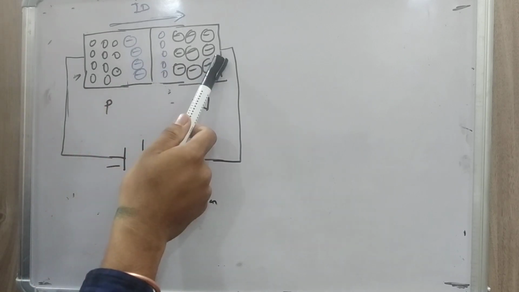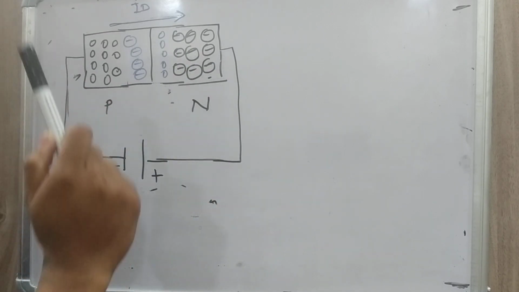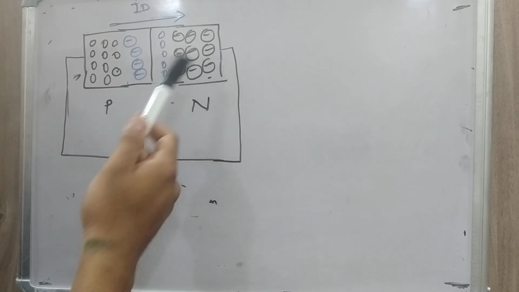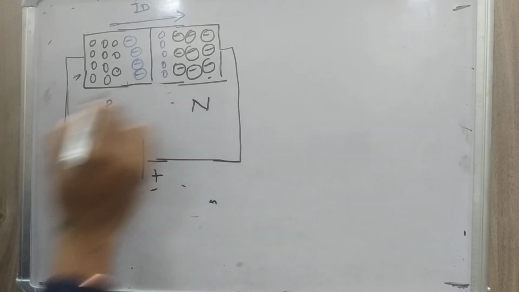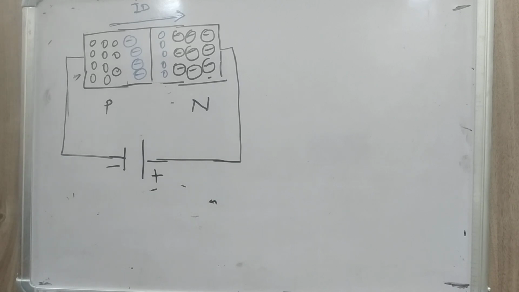These electrons have to go back to their n side, as they are the majority carriers at the n side, right? And these holes have to come back to their original place, which is the p side. I will use a different marker.